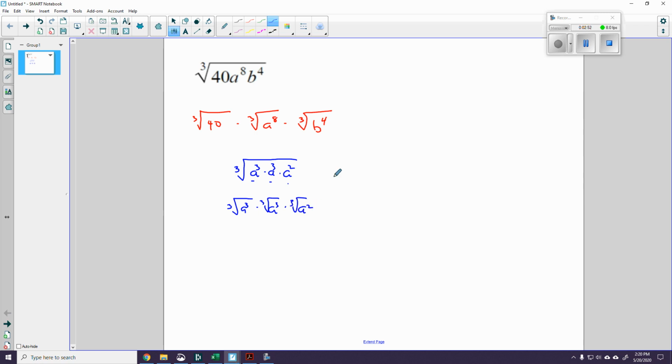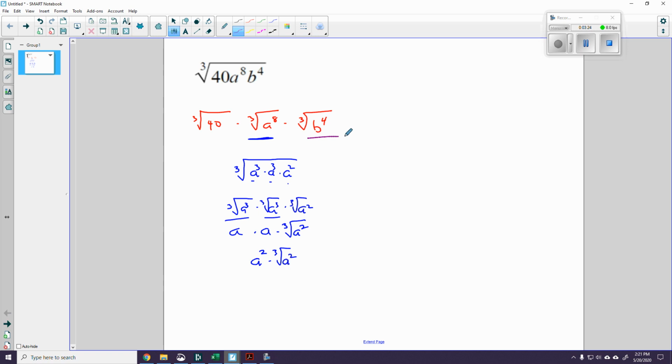We know from what we did before that this is simply a, and this is simply a. So I have a times a times the cube root of a squared, which I can't do anything about. a times a is a squared times the cube root of a squared. And that's how I simplify this piece.